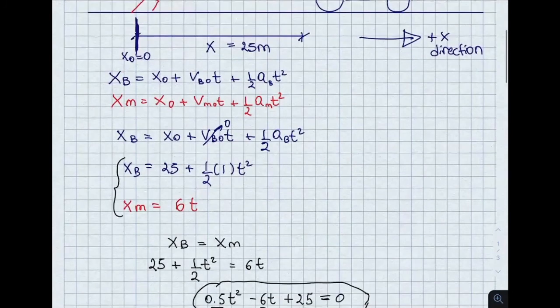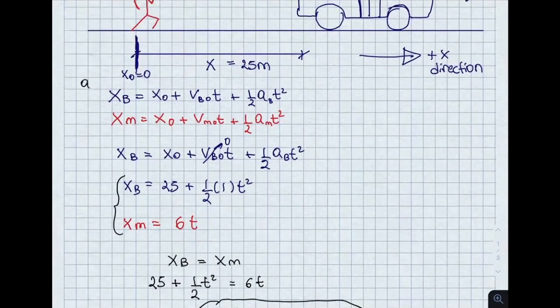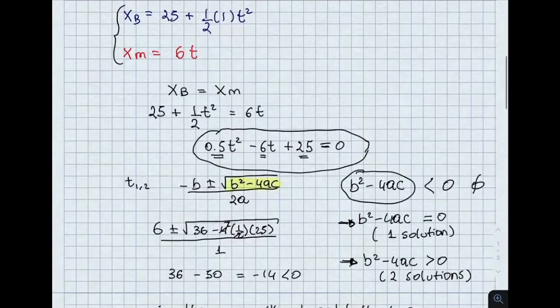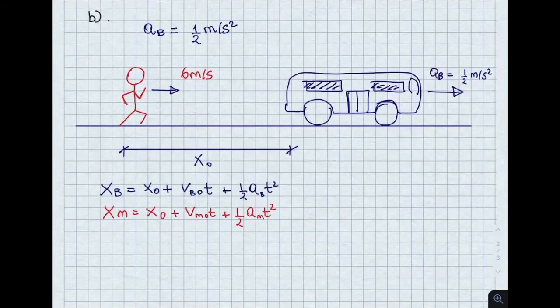So this was part A. Now we'll do part B. Part B asks, what if the acceleration of the bus is 1/2 meters per second squared? Will the man be able to catch the bus? We'll do the same procedure.